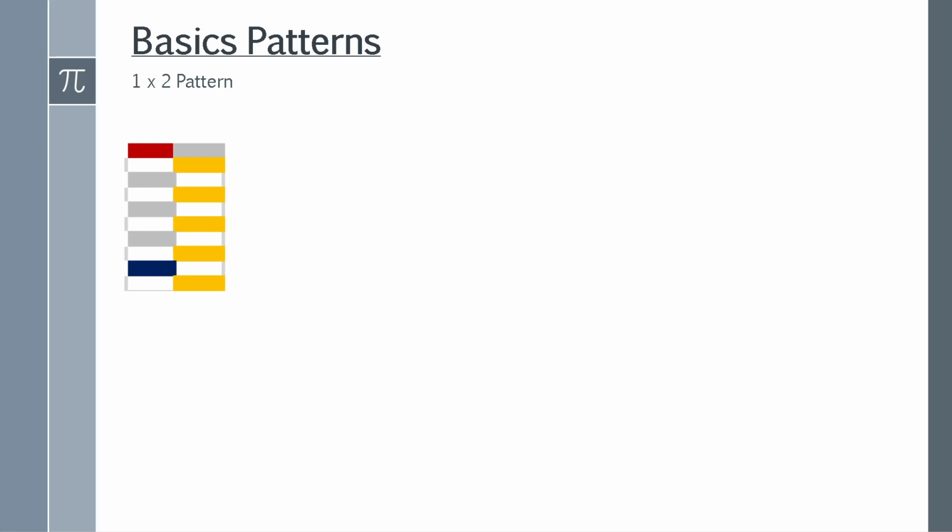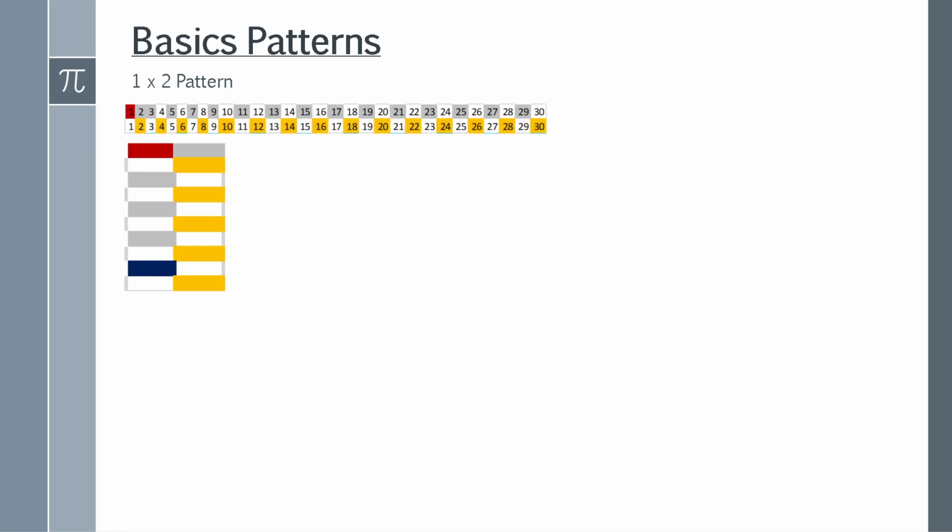Even numbers are on the right, odd numbers on the left. 9 is the black spot, so it's not part of this pattern. Just looking at this pattern, no even number is going to be a prime. All of our potential primes are 3 and then every odd number after that.